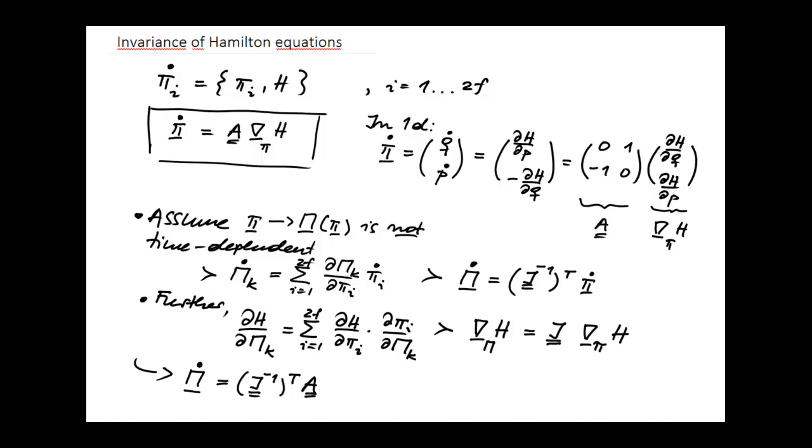The gradient with respect to the original coordinates. But the gradient with respect to the original coordinates we can express using our last result. We can express that as the inverse Jacobian acting on the gradient with respect to the new phase-space coordinates.